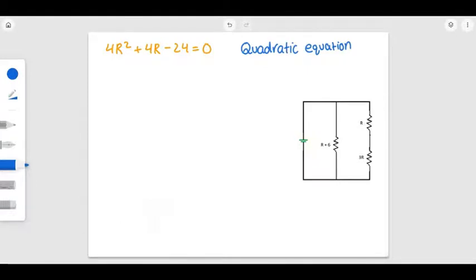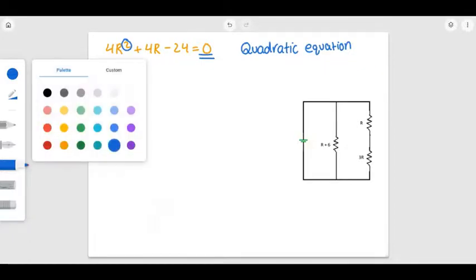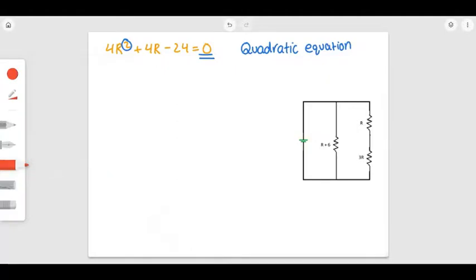Every time you see an expression that has a square and equals 0, that means it is a quadratic equation. To solve this quadratic equation, we need to simplify it more. As you can see here, we have factors of 4, so we can divide this expression by 4 to simplify it more.